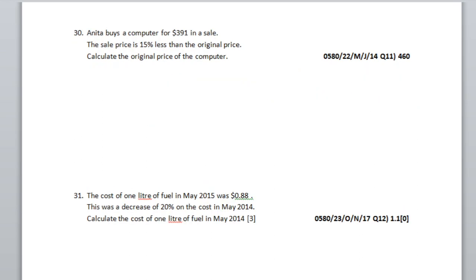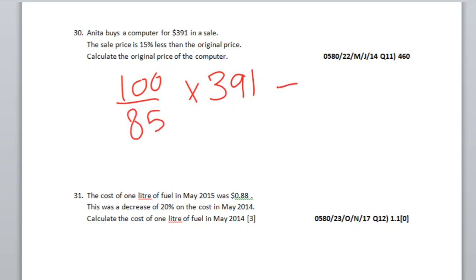Question number 30. Anita buys a computer for $391 in a sale. The sale price is 15% less than the original price. Calculate the original price. So simply, this is a question of reverse percentage. So with 391, we multiply 100 over 15% less, means 100 minus 15, 85, which will give us 460.